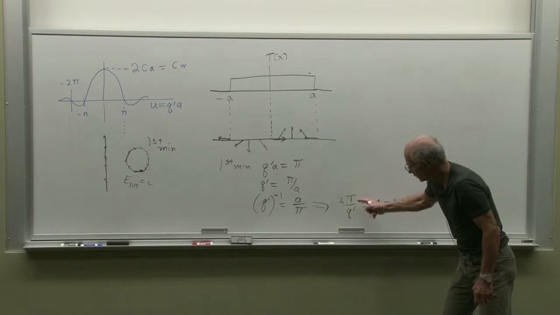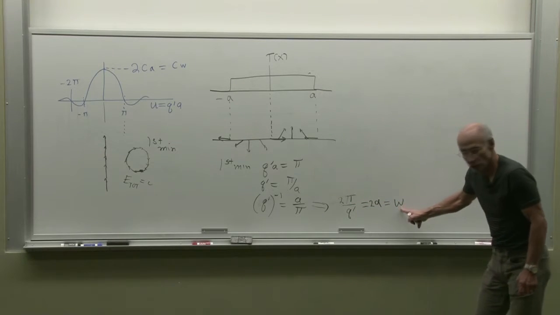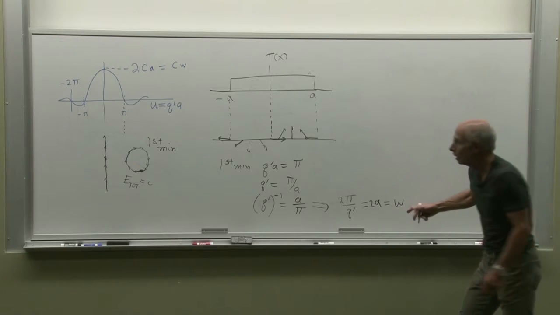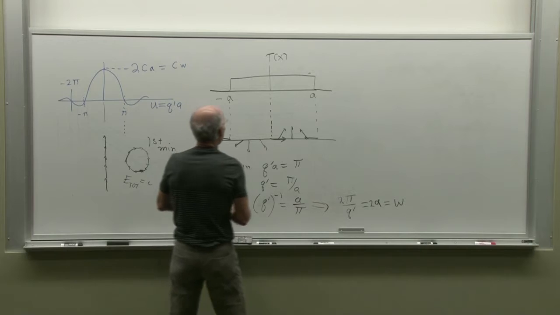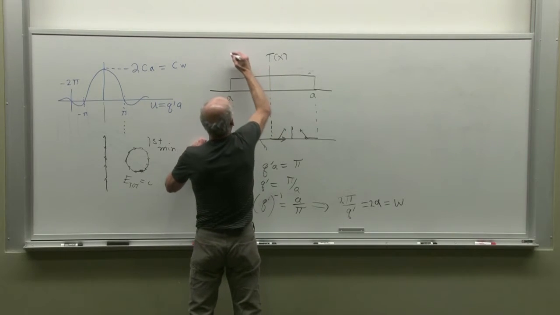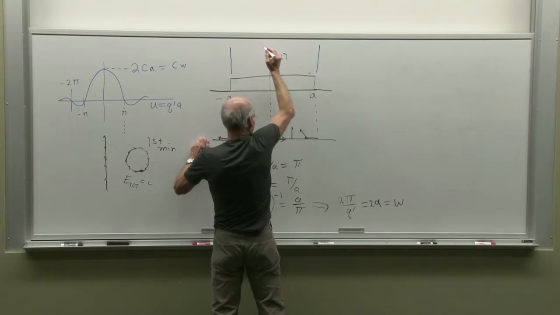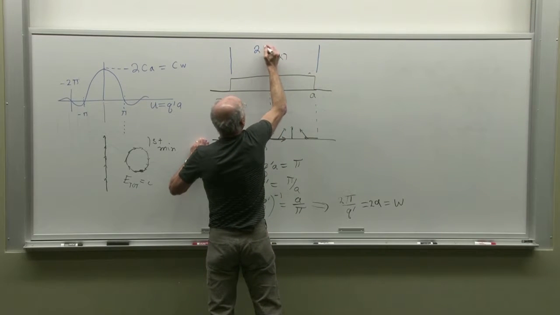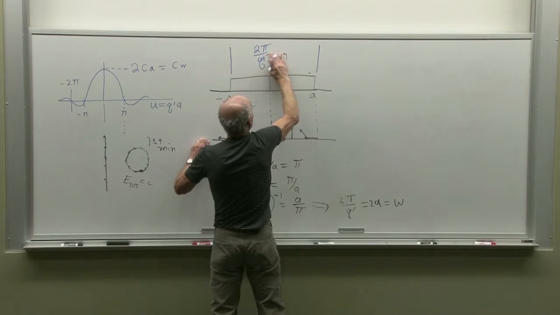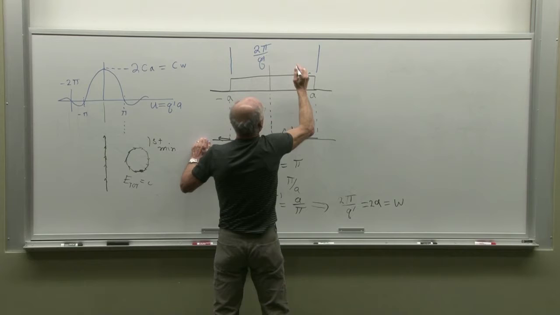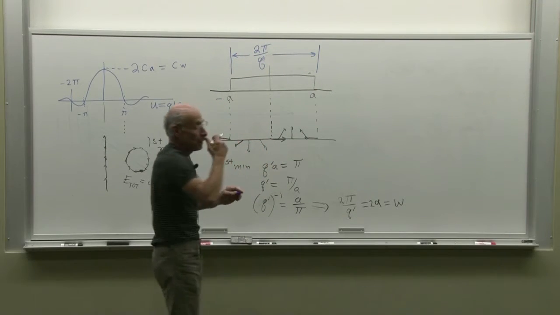So this length scale, 2 pi over Q prime, is the width of the slit.